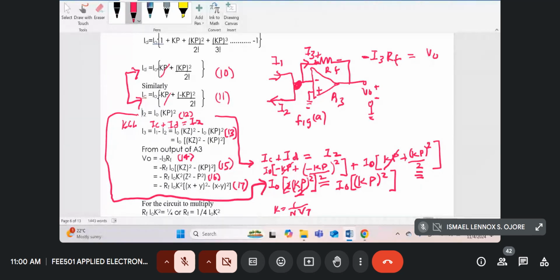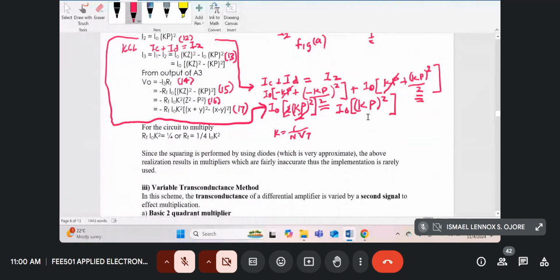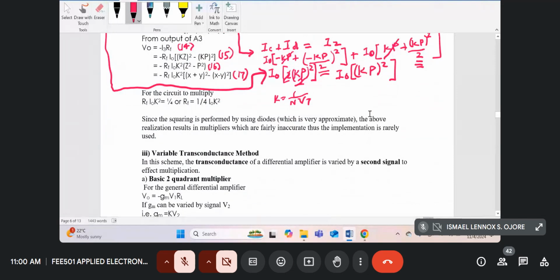We get V naught as shown in equation 17. So that is our output equation. V naught is minus RF I naught K squared into the square brackets X plus Y squared minus X minus Y squared, close the square brackets.